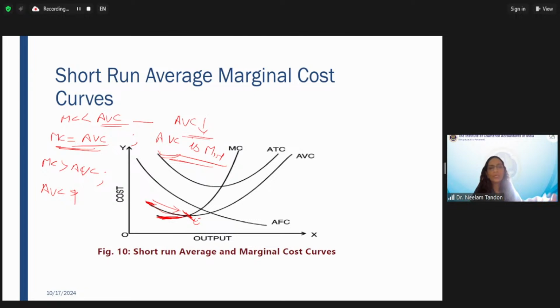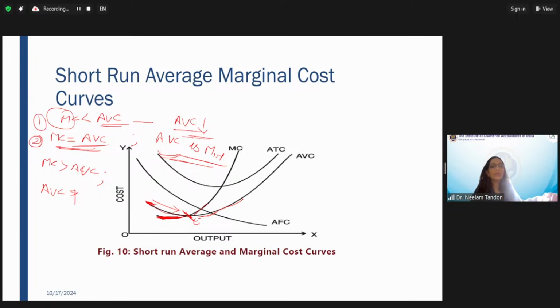Now, what do you see on the right side of E? Here MC is greater than AVC. So since AVC is less than MC, AVC will start increasing. So basically, the shape of AVC is dependent on marginal cost. This is the relationship. If MC is less than AVC, AVC will decrease.